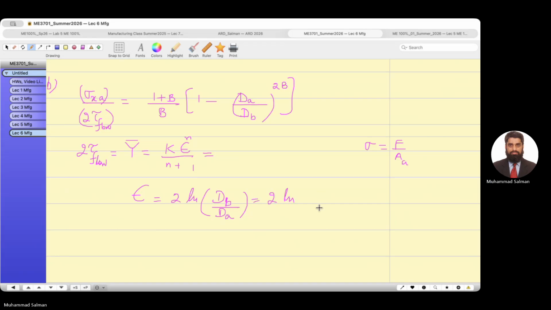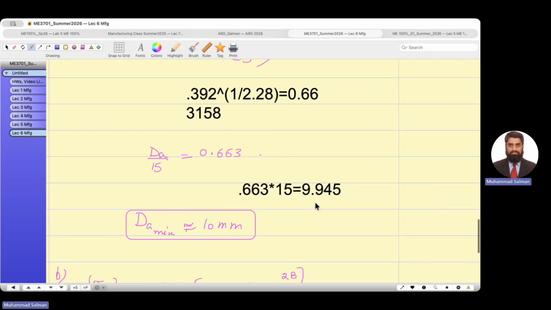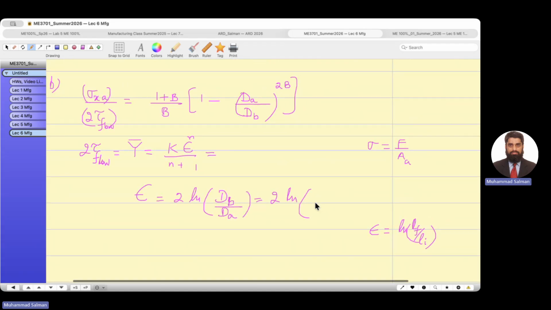We did that before for the height and for the diameter, area and volume consistency, because the true strain epsilon is also ln of final length over initial length in the case of uniaxial stress. You remember, the sample has been taken, so we have to be consistent. Volume is consistent, so that is equal to 2 ln dB over dA. What is dB? The initial diameter is 15. Agreed? And the final diameter is 10.